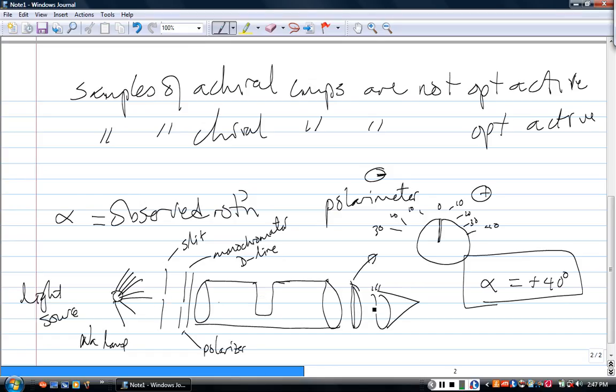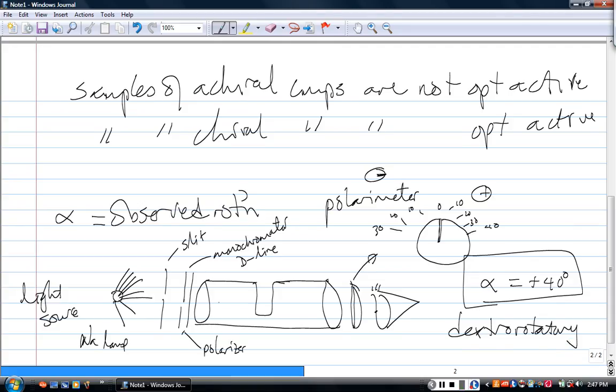If you see light again, then there's no rotation. But if you see dark, you turn the dial until you see bright again, and if you turn it clockwise by 40 degrees, then it's plus 40. So we say the sample would be potentially dextrorotatory, right? In other words, it would rotate light to the right. So dextro means right, rotatory means the direction of rotation.